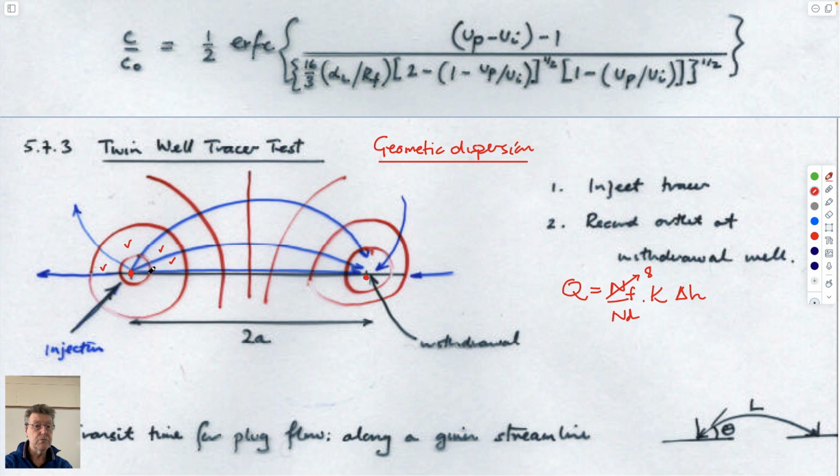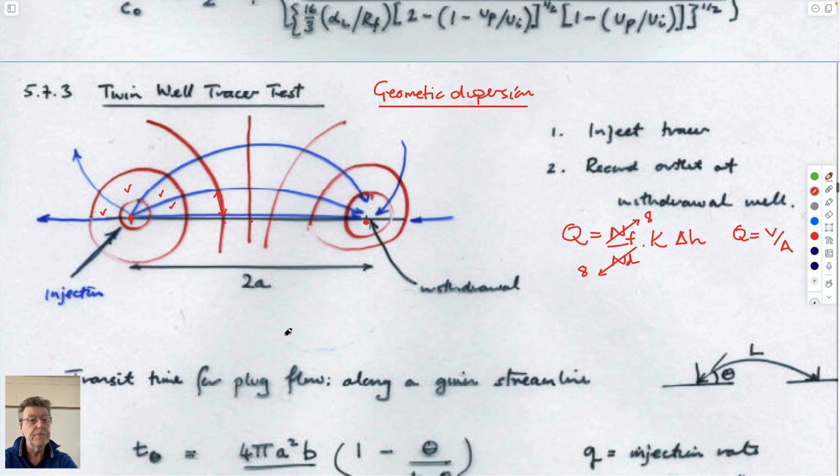Number of drops is 1, 2, 3, 4, 5, 6, 7, 8. Roughly 1. And you'd get a reasonable value of this. You can also calculate from this, if you have volumetric flow rate, you know that that's equal to a velocity multiplied by a cross-sectional area. And the cross-sectional area for each of these stream tubes, I guess, would be this area here.